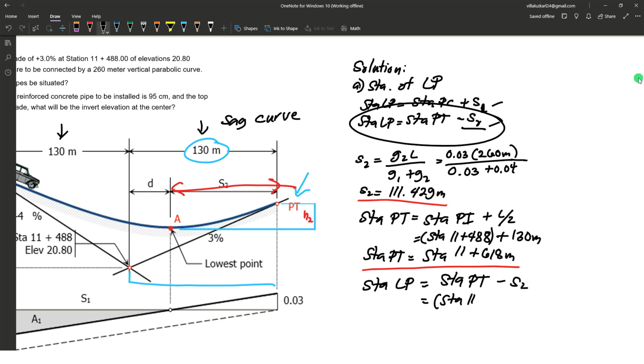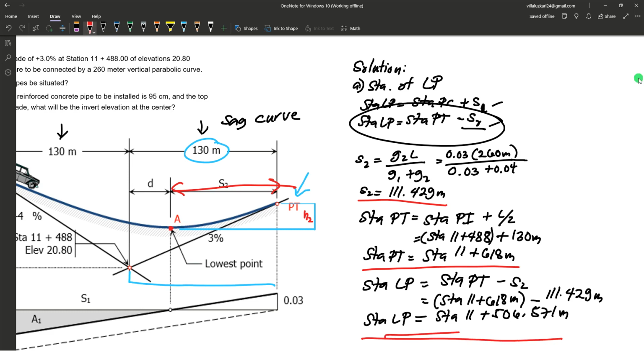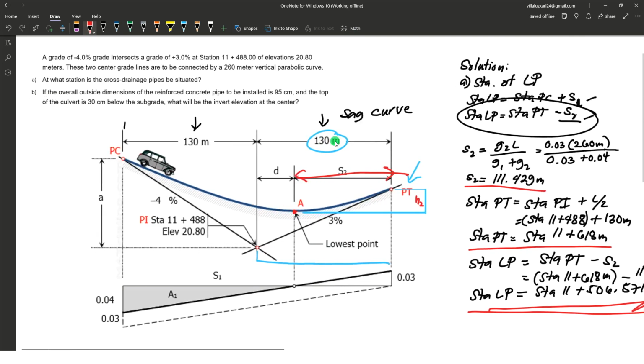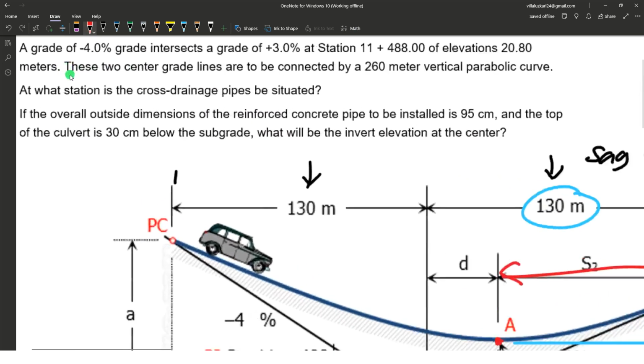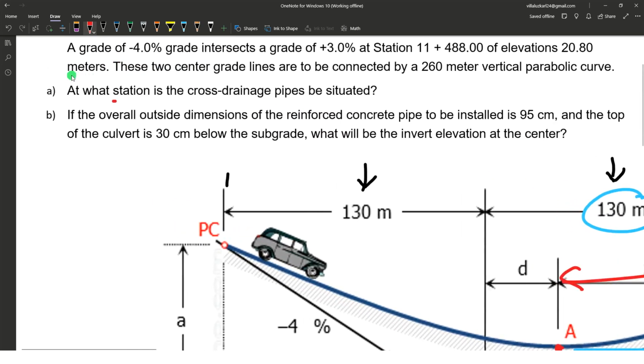So station 11 plus 618 subtracted by 111.429 gives station 11 plus 506.571 meters. That's the stationing at the lowest point, which is the answer for letter A.